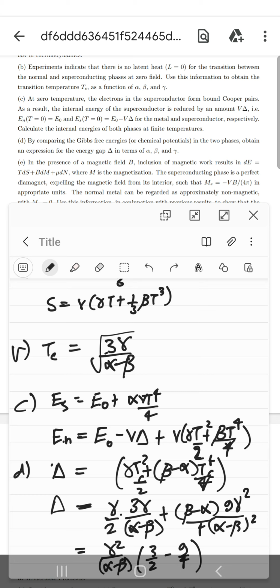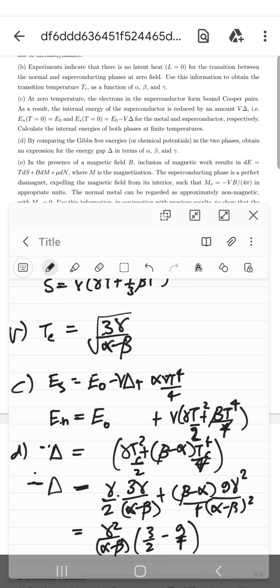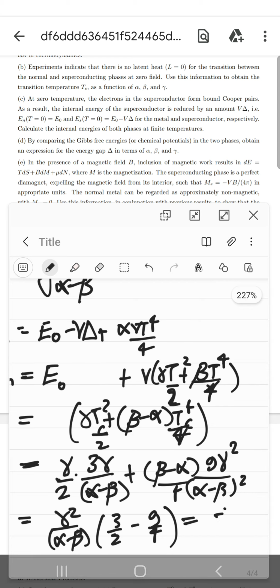E sub n is... Oh, sorry, I switched this up, didn't I? So this should be minus V delta, and this should just be E naught. Right, okay, that explains a lot. So it's actually negative delta that we are calculating. That makes sense. So negative delta is just this quantity, minus gamma squared upon alpha minus beta times 9 by 4 minus 3 by 2, which is 6 by 4 minus this thing, just minus 3 by 4.